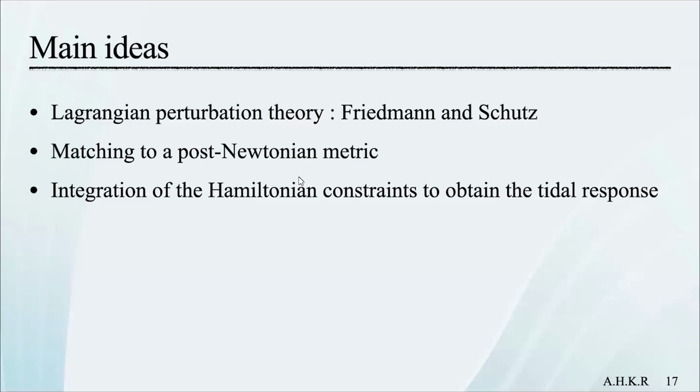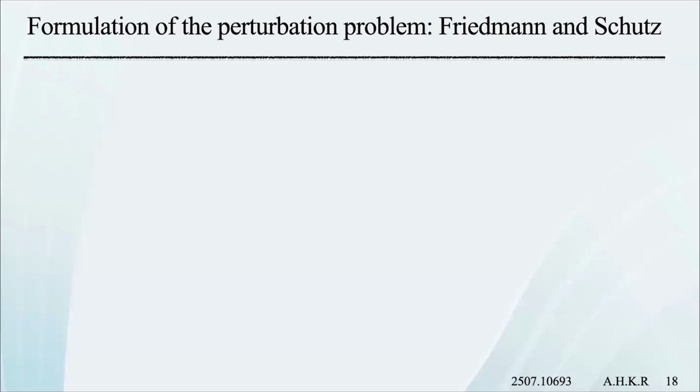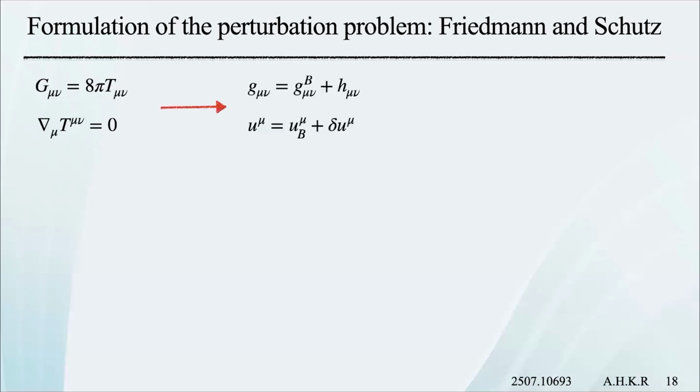I'll briefly describe now each of the important aspects. Okay, so formulation of the perturbation problem. Friedman and Schutz formulated everything, and they have the summary in their nice book. So I didn't have to, I just had to learn that approach. Schematically, the equations you're solving are the Einstein equations and the stress-energy conservation equations. So you have the tidal perturbation.